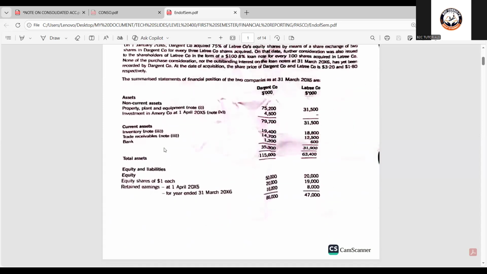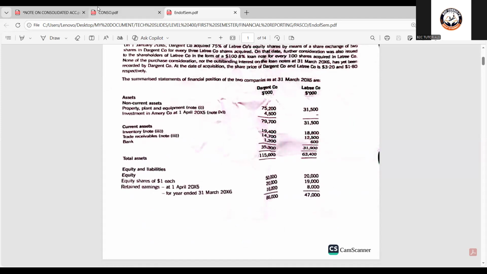Just like I said, if it is a balance sheet item, you just have to add the parent to that of the subsidiary and await any pending computation that will be done, like depreciation, like fair value of the asset, and any other item that would come in there. So this one will be possible if you read the additional information.